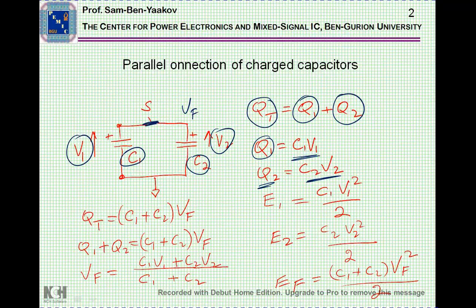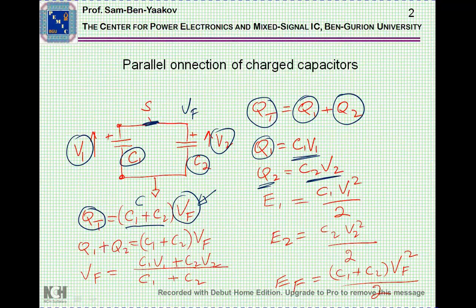The connection brings some of the charge from one capacitor to another, and eventually it'll stabilize with a voltage Vf and a total capacitance of C1 plus C2. So therefore, the total charge is the product of the total capacitance and the voltage across the capacitors.